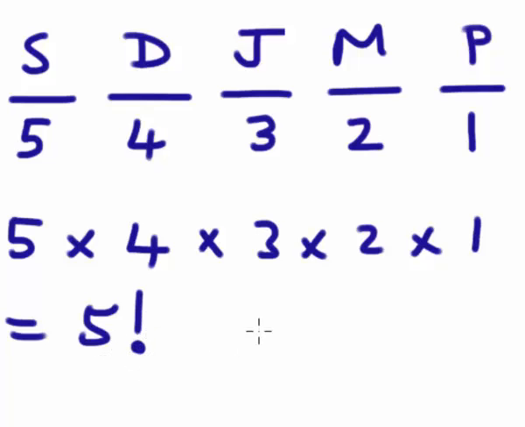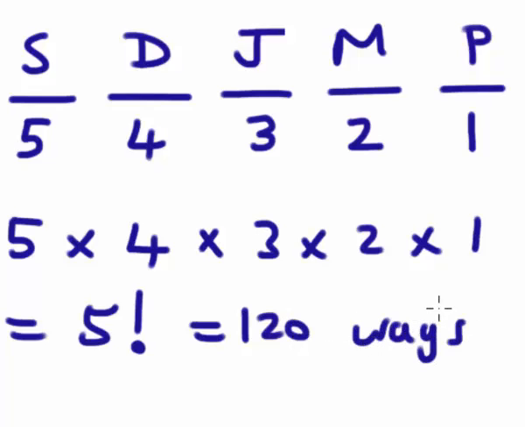So there are 5 factorial ways, which is 120 arrangements of these 5 people in any order. 3 men and 2 women can sit anywhere they like, and we have 120 seating arrangements. Not only STJMP, we could have DJSPM. It doesn't really matter, but they can be arranged in 5 factorial ways from the counting principle.